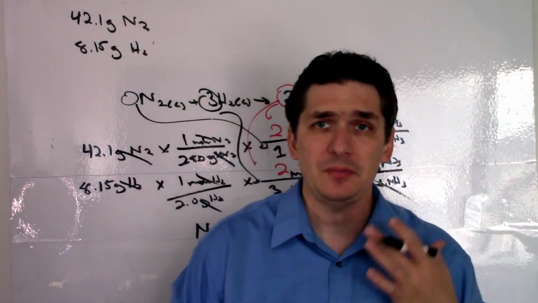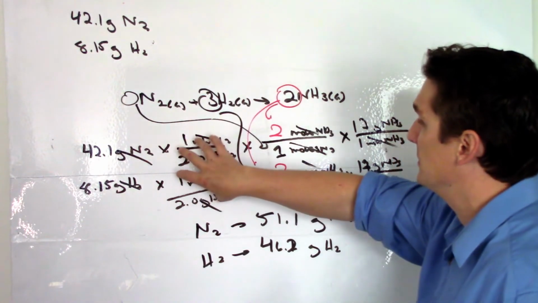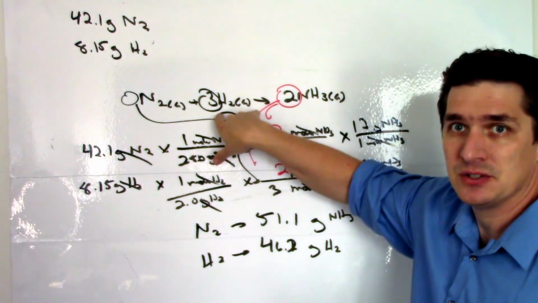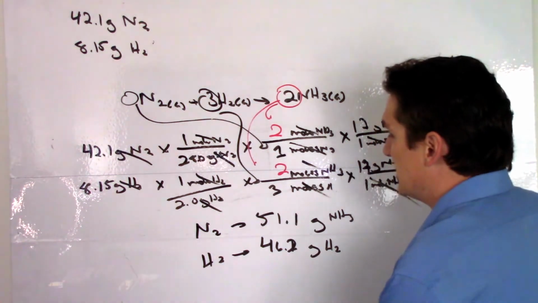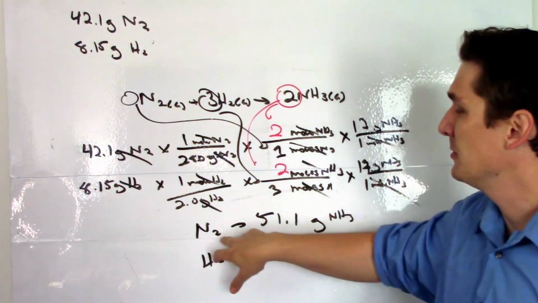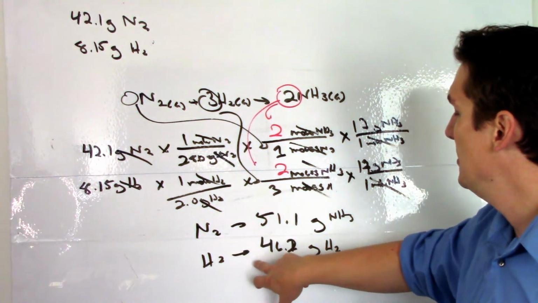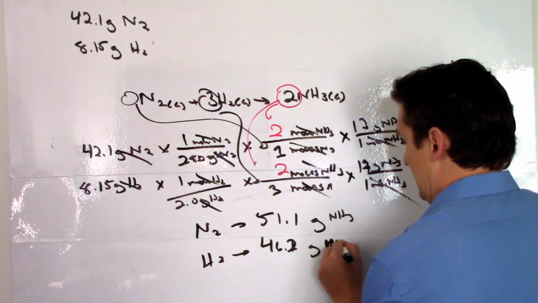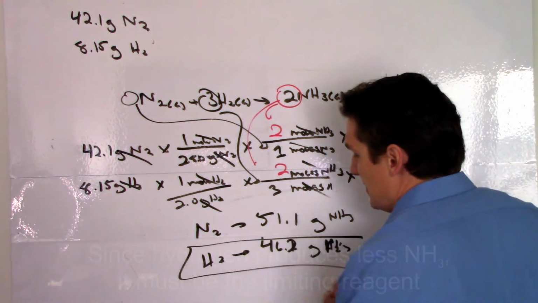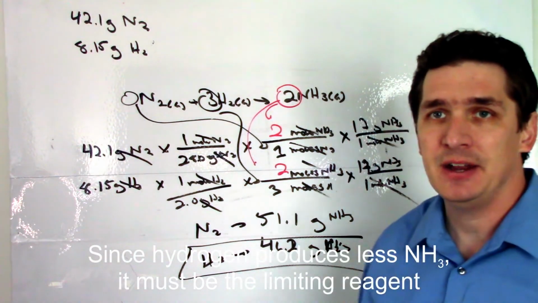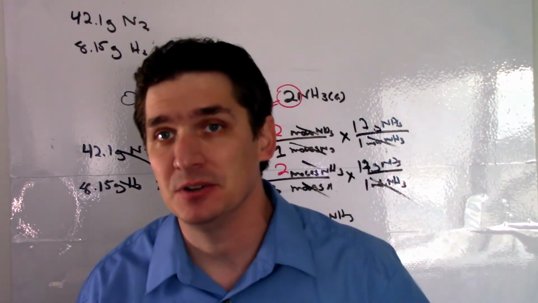So, based on the starting amounts we have of each, converting to moles, using the reaction stoichiometry to convert to moles of product, and then converting from moles of product to grams of product, we get that we produce 51.1 grams of ammonia from nitrogen, and 46.2 grams of ammonia from the 8.15 grams of hydrogen. Because we produce less ammonia with the hydrogen, hydrogen is our limiting reagent, and that's what we're going to carry forward to do most of our calculations from here on out.